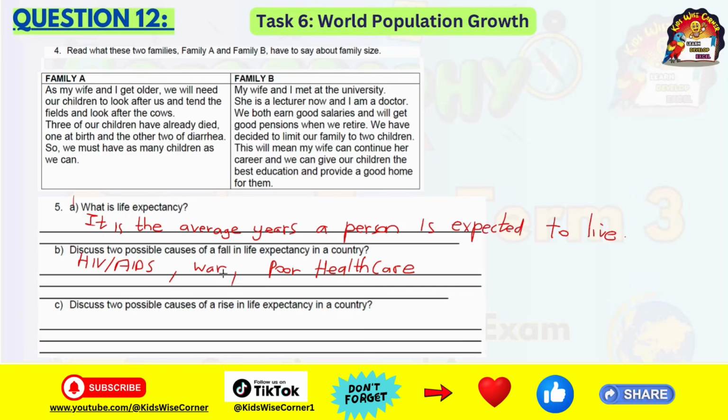They could be due to better medicine, better nutrition, or improved sanitation.